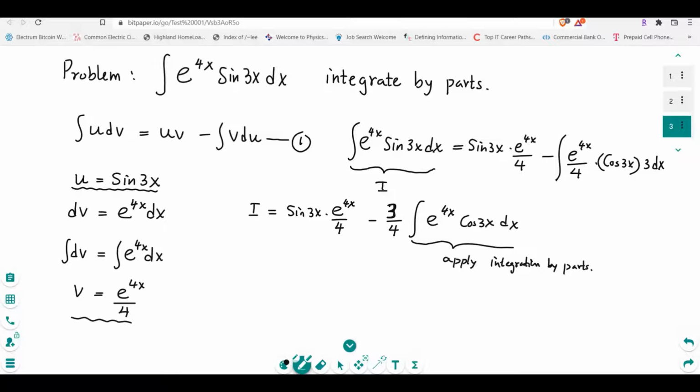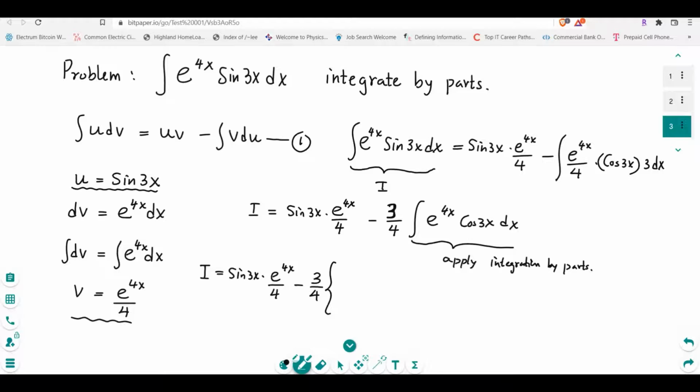Okay, so I can write again this same expression, sine 3x times e to the power 4x over 4 minus 3 over 4, and then I need to integrate this again using integration by parts.